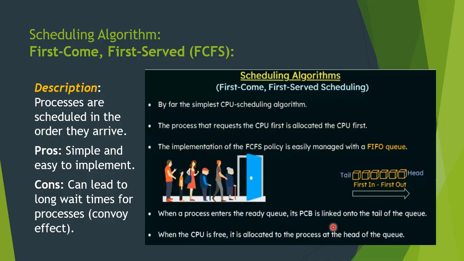So let's look at the first come, first served scheduling algorithm. Under first come, first served, as the name suggests, it simply means that the processes are scheduled in the order they arrive.